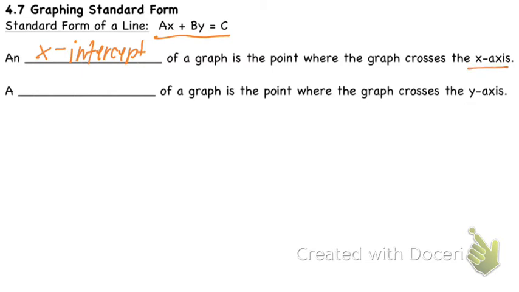So what do we think the next blank is? The y-intercept is where it crosses the y-axis. So not only can we have a y-intercept, we can also have an x-intercept. We don't have a certain variable for our x-intercept like we do with our y-intercept, which we called b.